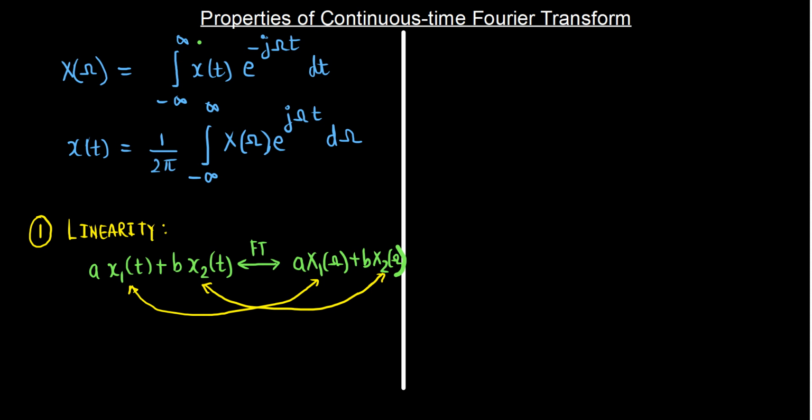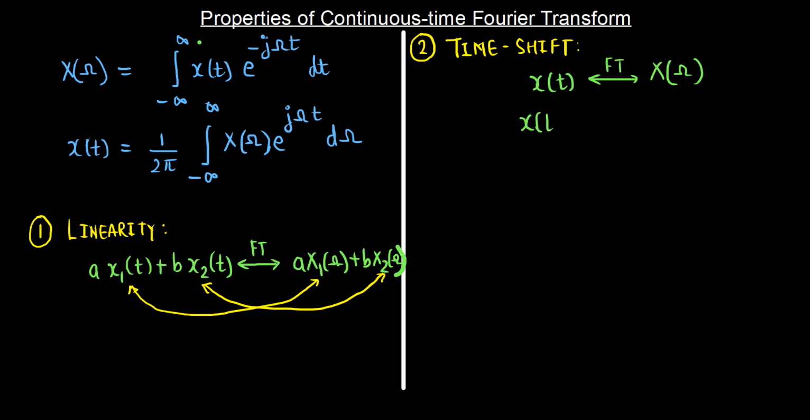Next property that we're going to see is the property of time shift. The time shift property says that if we have a signal x of t whose Fourier transform is given by X of omega, then if we shift this signal by some amount, say t0 in the time domain, the corresponding Fourier transform is going to be e power minus j omega t0 times X of omega.